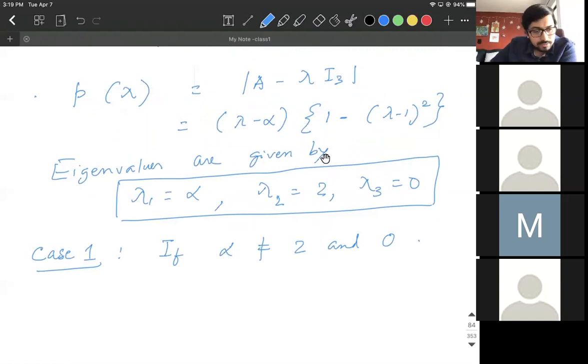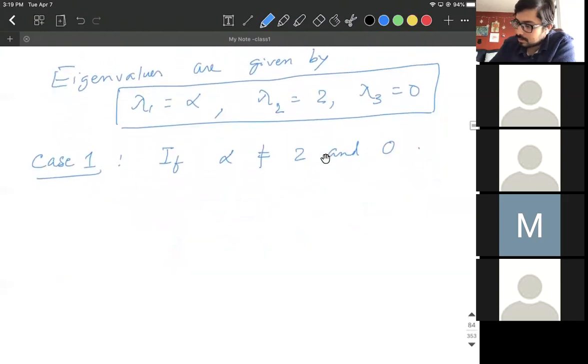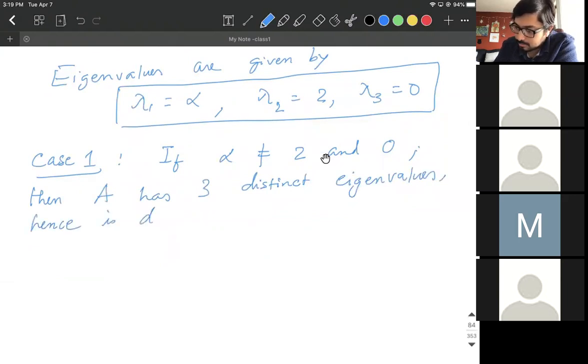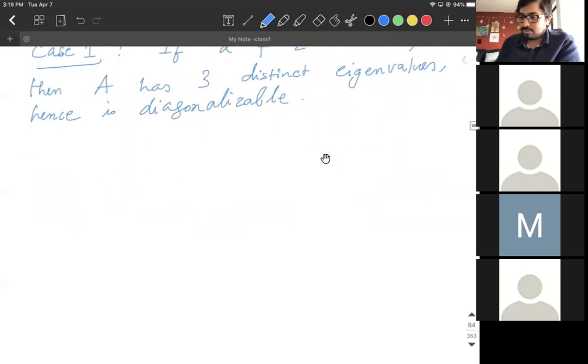It has three distinct eigenvalues, exactly. Since A has three distinct eigenvalues, it is diagonalizable. So that's the easy part, where alpha is different from 2 and 0.